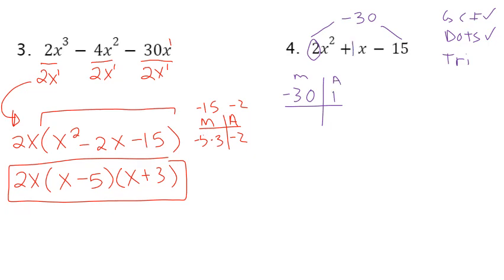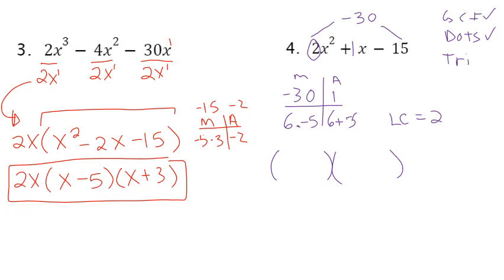My 2 factors I'm going to use are 6 and -5, because if I multiply them, I get negative 30, and if I add them, I get positive 1. Then when we factor it out, remember we have a leading coefficient of 2. We have to divide by that leading coefficient because we multiplied through to get that negative 30.